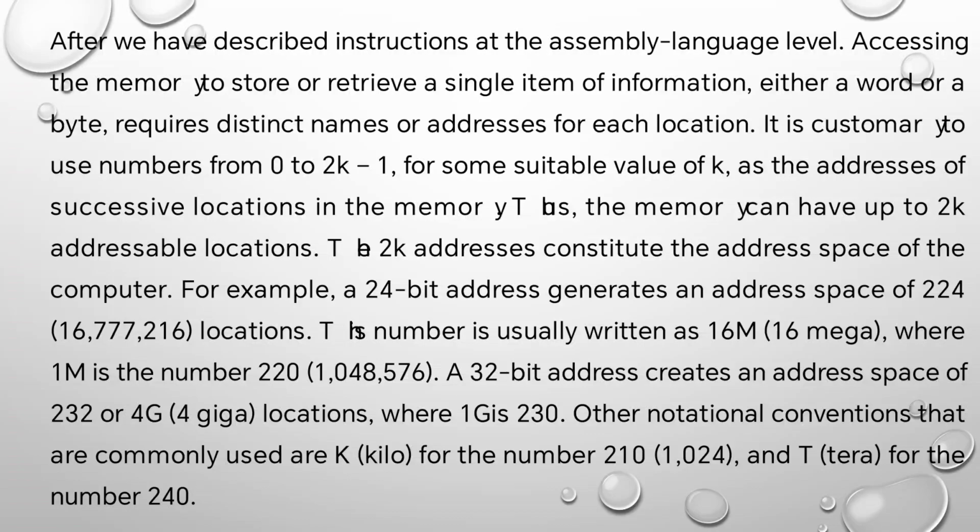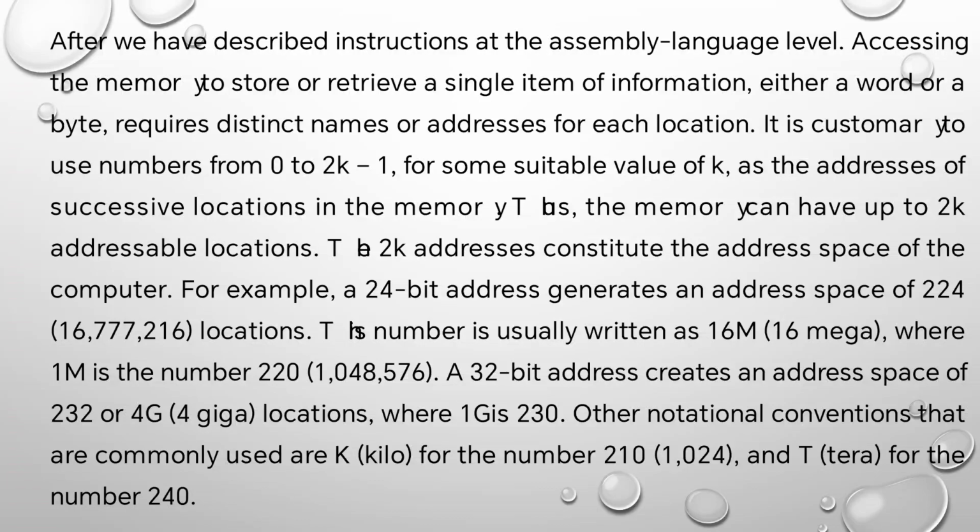It is customary to use numbers from 0 to 2^k minus 1, for some suitable value of k, as the addresses of successive locations in the memory. Thus, the memory can have up to 2^k addressable locations. The 2^k addresses constitute the address space of the computer.